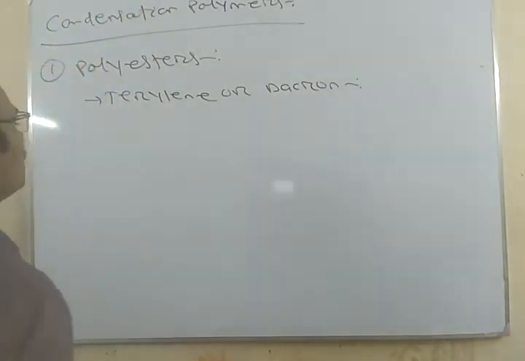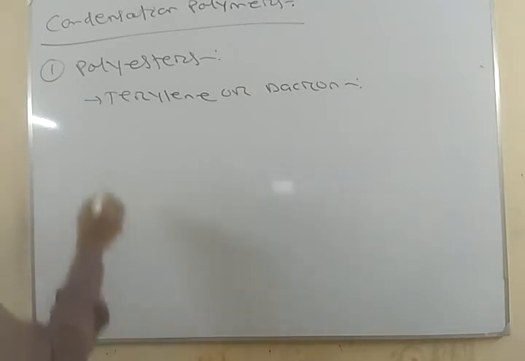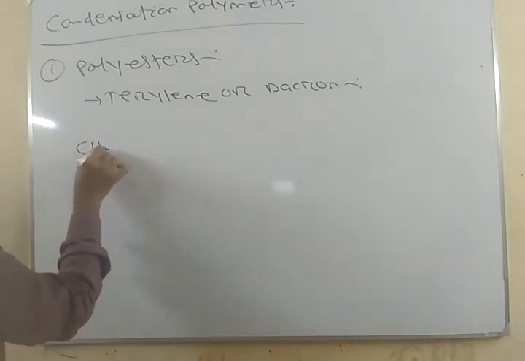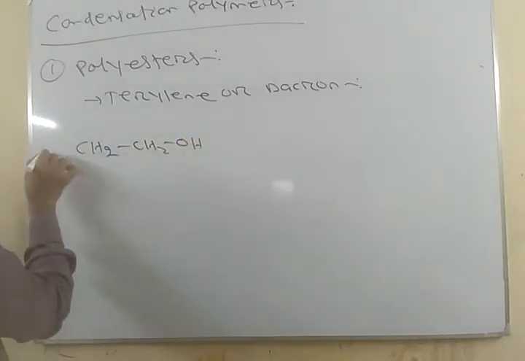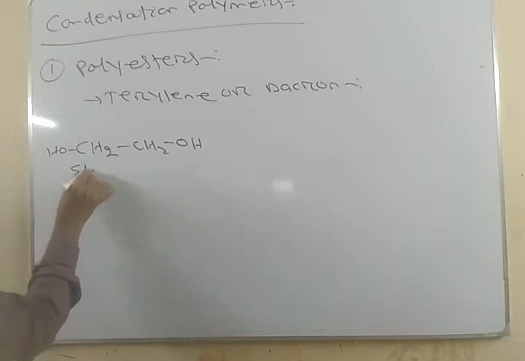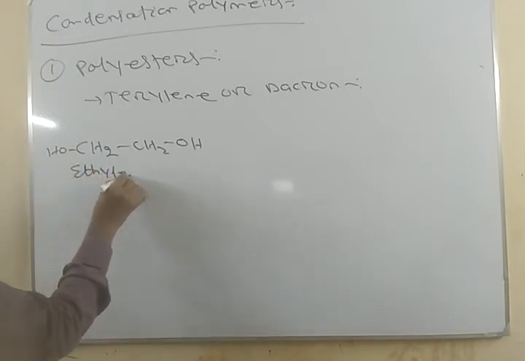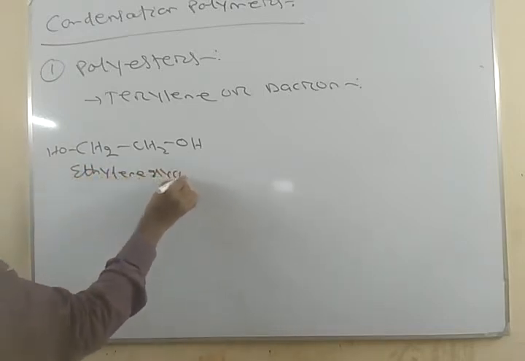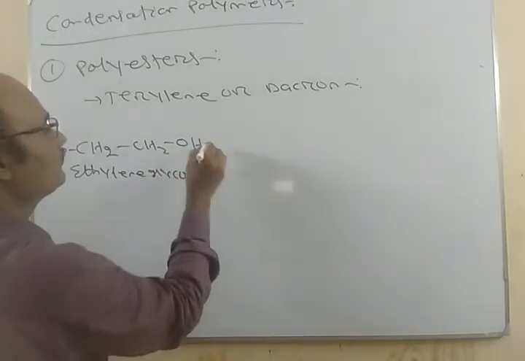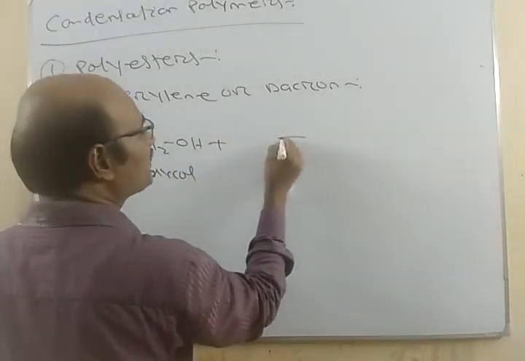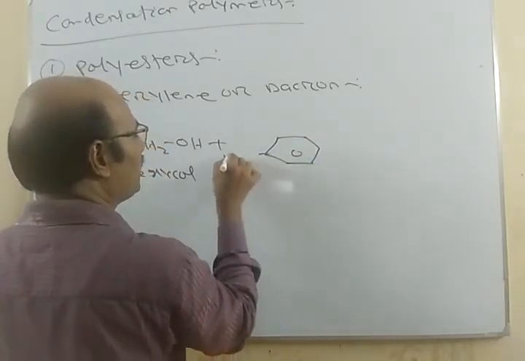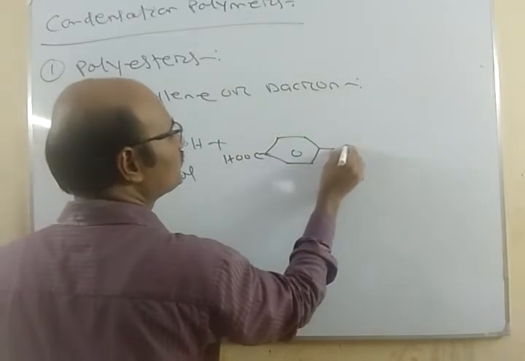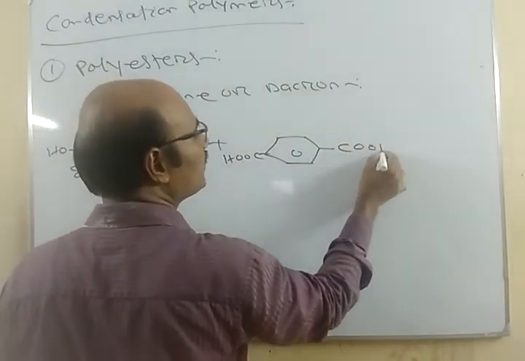Here the monomer units are ethylene glycol and terephthalic acid, HOOC-C6H4-COOH.